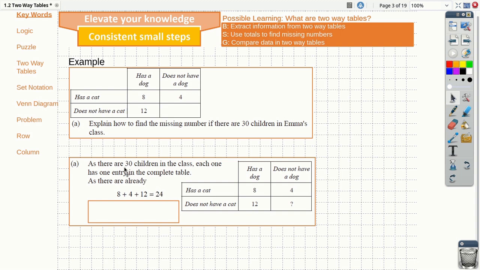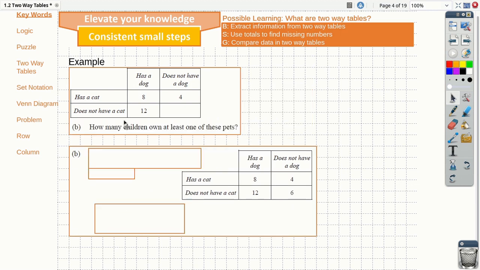So in total, we need that to be 30. So 30 take away 24 will be 6. So our final entry in the bottom right will be 6. Now that I've found out that 6 people do not have a dog and do not have a cat, I can write that into that bottom right box and then proceed with question B.